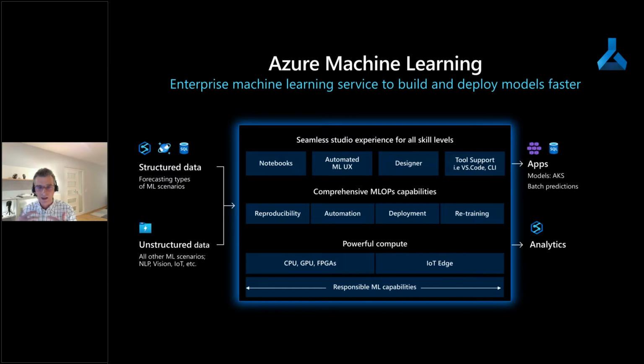And these capabilities are combined with responsible machine learning features which are in the platform, which support, for example, explainability to find out what the model is looking at to come to a prediction, and also capabilities like FairLearn, for example, which you can use to identify if there is any bias in the model and how we can mitigate biases. And then we have those MLOps capabilities for automating the process, for deployment, and also for retraining, which I already mentioned.